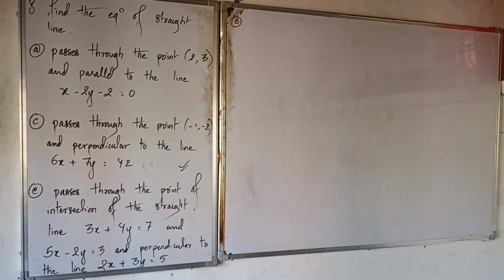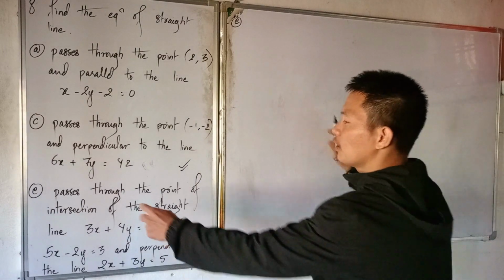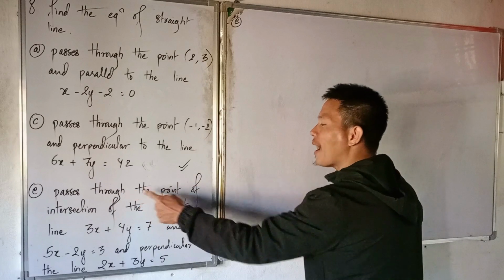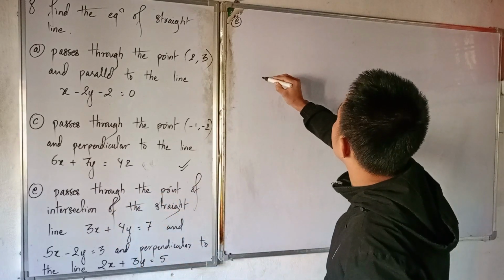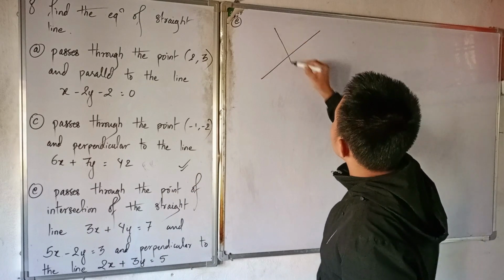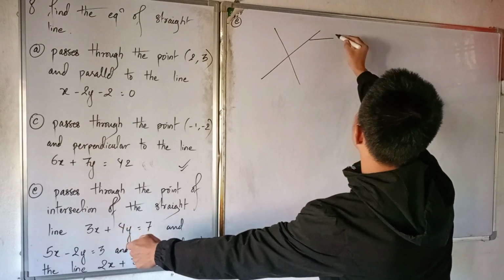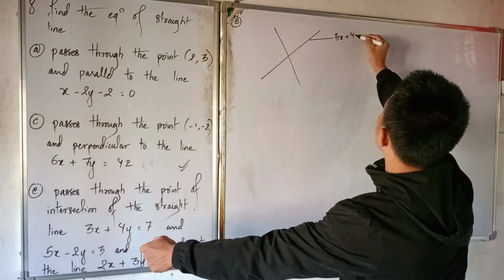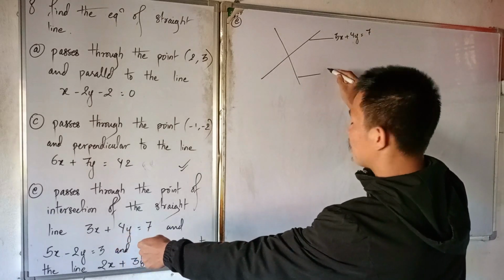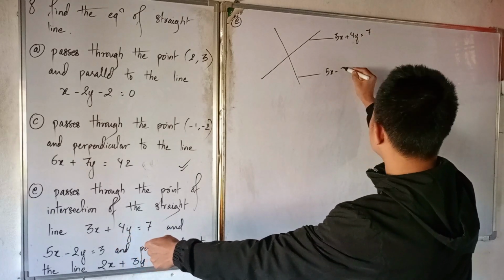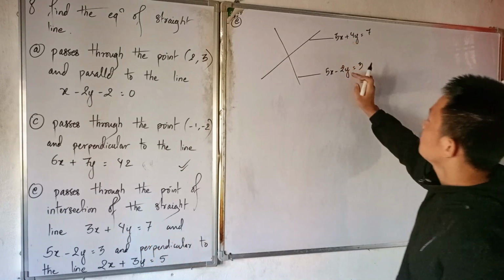Now in 8e, we have to find the equation of the line which passes through the point of intersection of the straight lines. So there are two straight lines. One is 3x plus 4y equals 7, and another line we have 5x minus 2y equals 3.